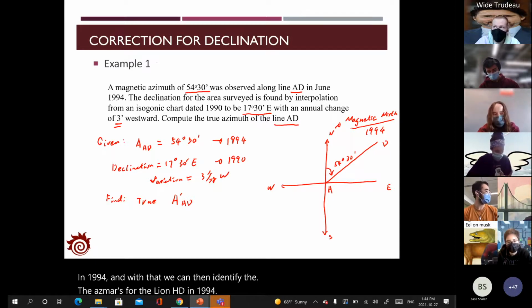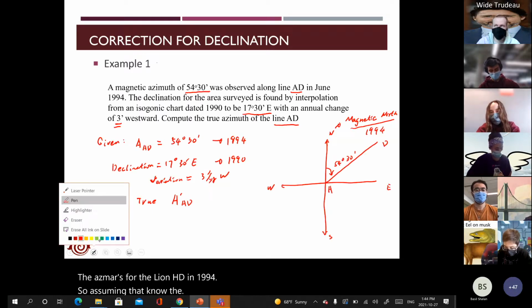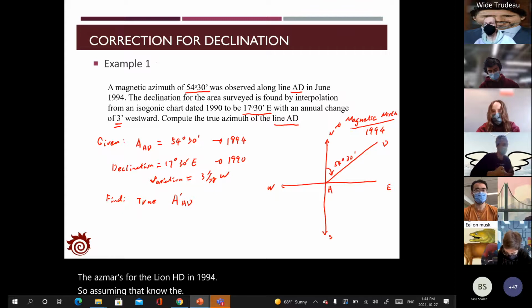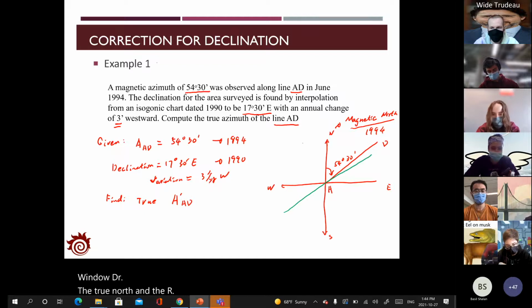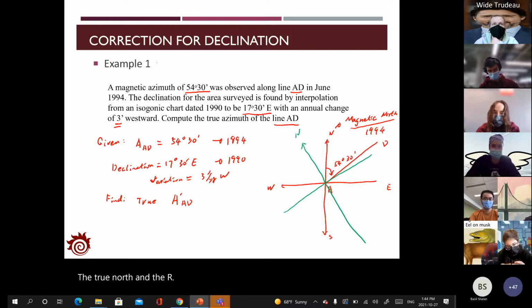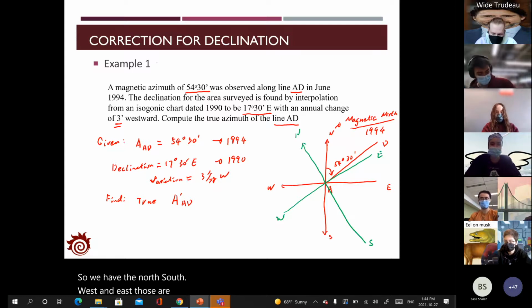So assuming that we know the true north of the Earth, we have the north, south, west, and east. Those are the true directions.